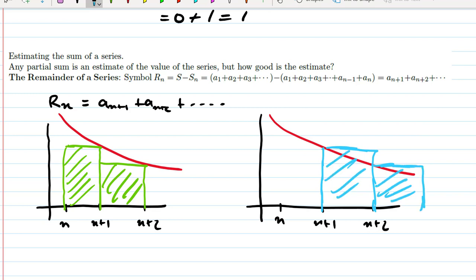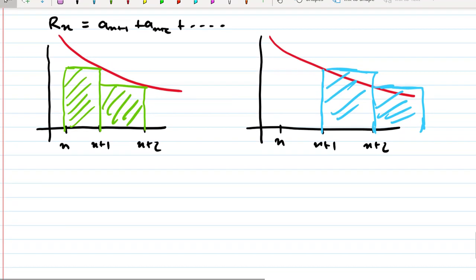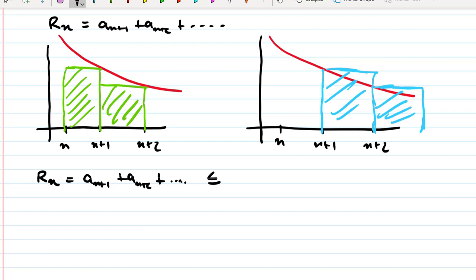And when we look at each of these, we notice the rectangles that are in green would be an underestimate, as we've seen, and the rectangles in blue would then be an overestimate of the sum. So combining these facts, we would have that our remainder, r sub n, which is equal to a sub n plus 1 plus a sub n plus 2 plus dot dot dot, would have to be less than the integral from n to infinity of f of x dx.